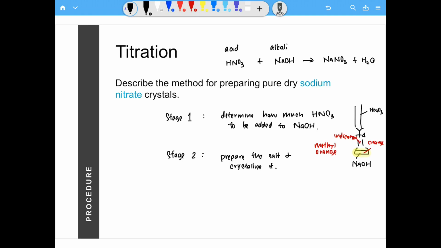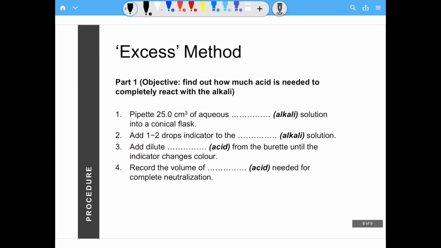So the detailed procedure is as follows. First, you fill up your conical flask with 25 cm³ of your alkali solution, for example sodium hydroxide. Then we add 1 to 2 drops of methyl orange into the solution, which will make the solution turn yellow.